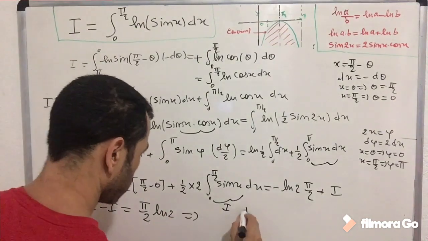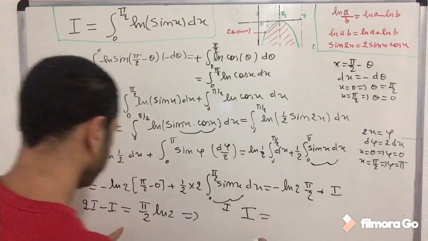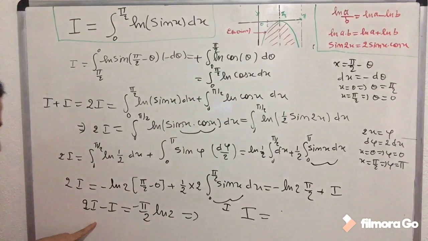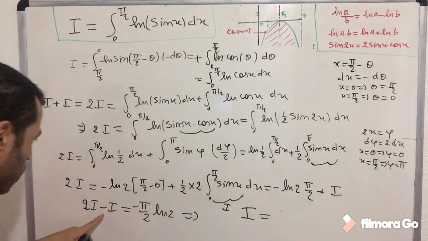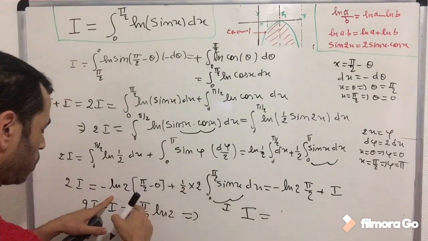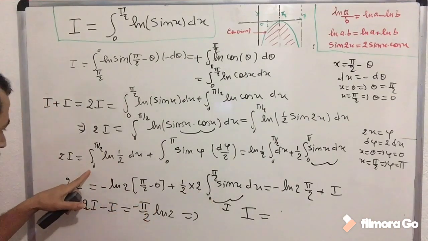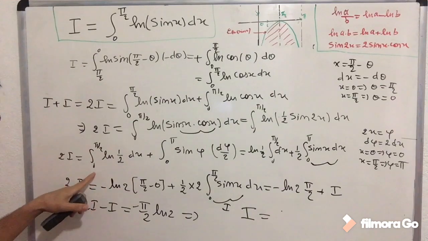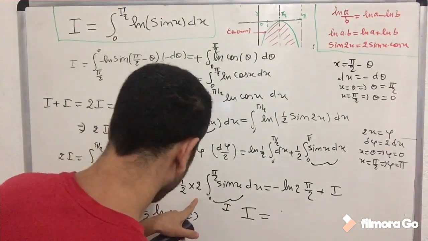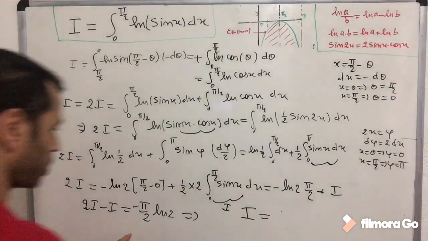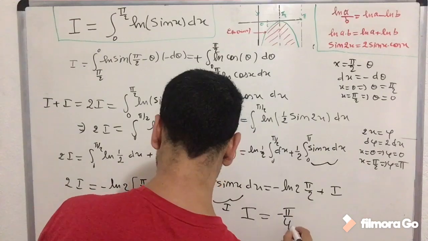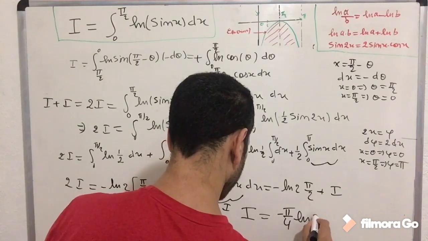So I equals, don't forget the minus sign here, pi over 2, and then pi over 2, the 2 cancels, so I equals minus pi over 4 natural log 2.